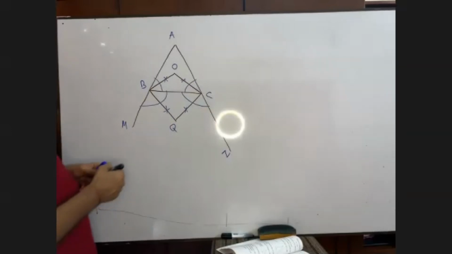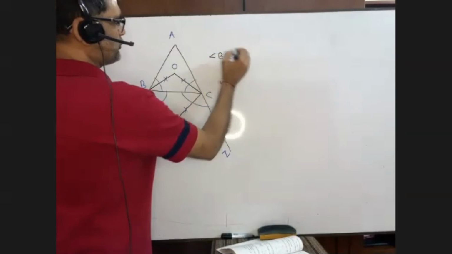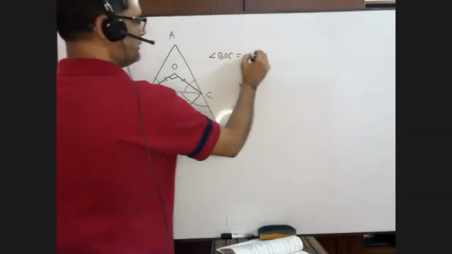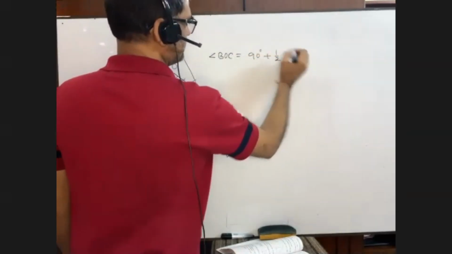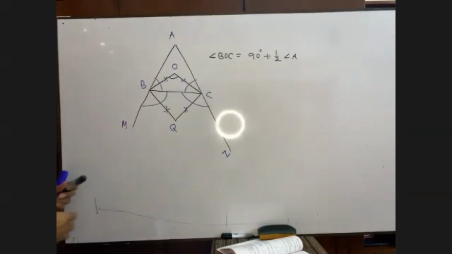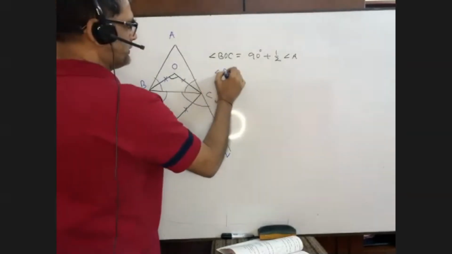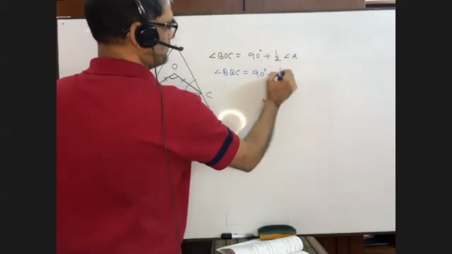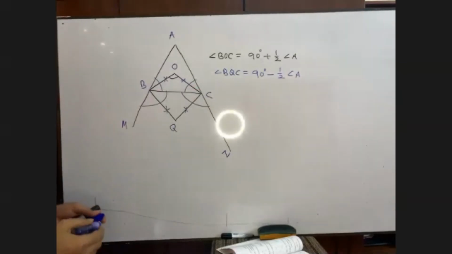Can you tell me please what is BOC? BOC equals 90 degrees plus half of the angle. You wrote minus previously, right? Are you sure? That one is exterior and this one is interior. Sorry, sir.